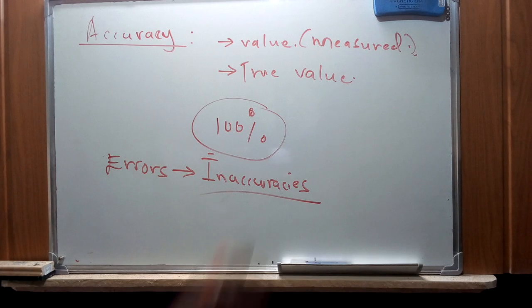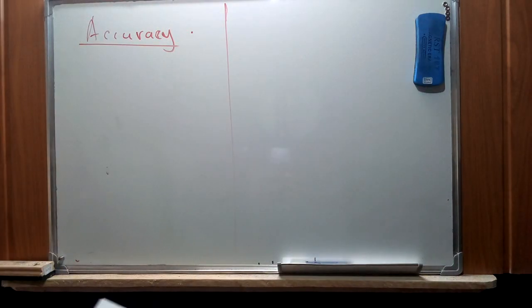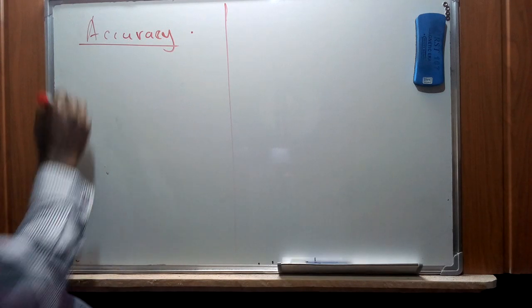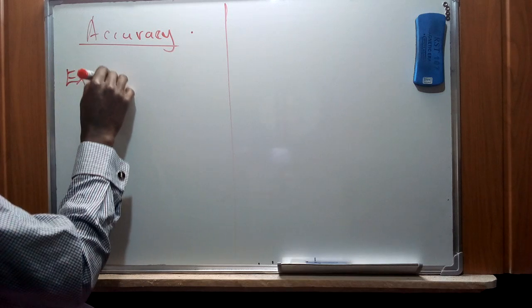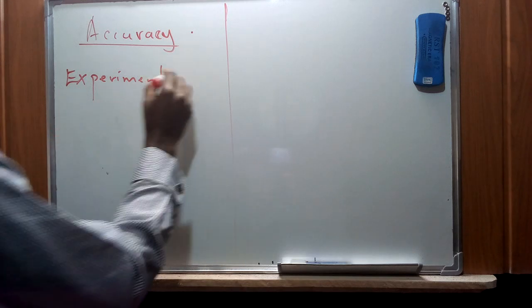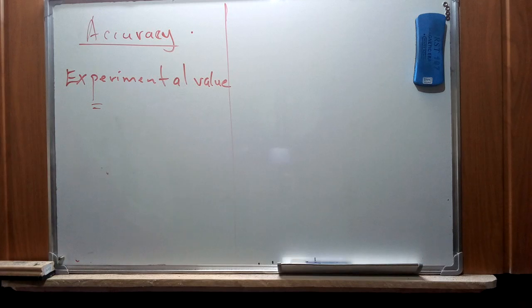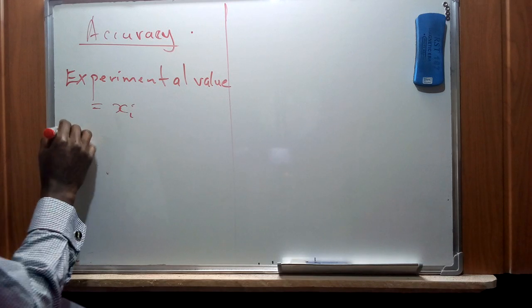During an experiment, when we are collecting data, we have what we call an experimental value, which is denoted as xi. For our examples, we are going to denote our experimental values using that.